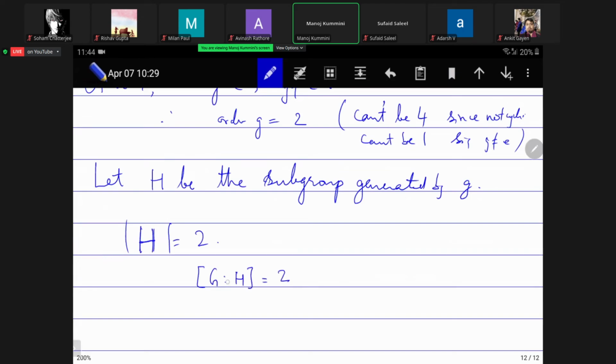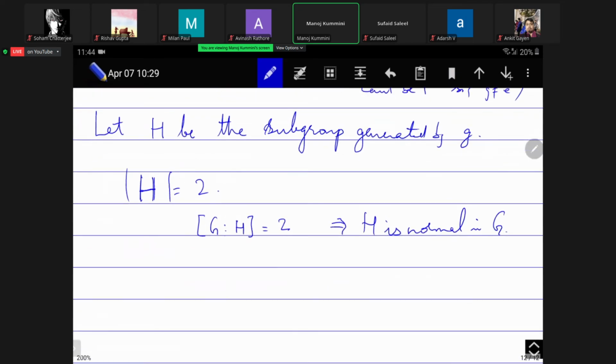I mean, H has 2 elements, G has 4 elements. Therefore, we can only have 2 cosets, H and something else. So it's normal. Therefore, G mod H is a group of order 2. That is, G mod H is isomorphic to Z mod 2Z.